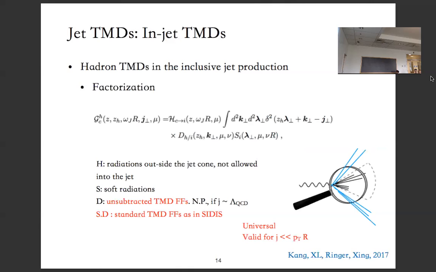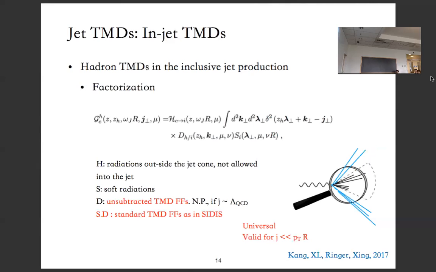The virtuality for this is pT times R, which is much larger than j. Then we have the softer radiations, which could be inside the jet and could be outside the jet, but they have to be soft. And we have these unsubtracted TMD fragmentation functions. This TMD fragmentation function is exactly the same as the TMD fragmentation function in semi-inclusive DIS. Okay, that's the universal part.